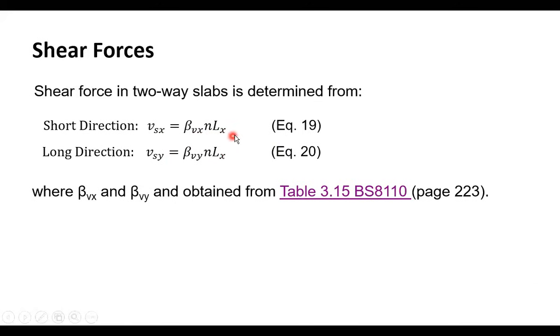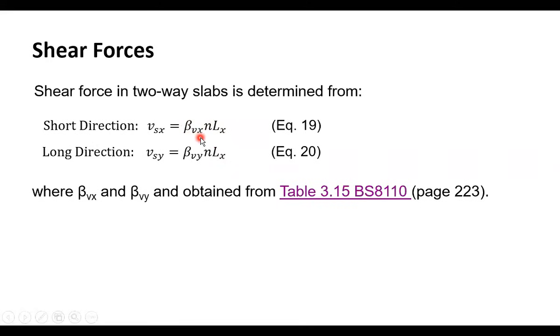Here, the difference between these two equations and the previous equation for the moment: n is the same, but here the Lx is not squared. In the case of the moment, we use Lx squared, alpha Sx or beta Sx n Lx squared, but here in the shear, we use only Lx, not squared.